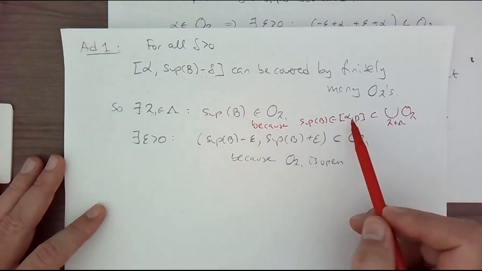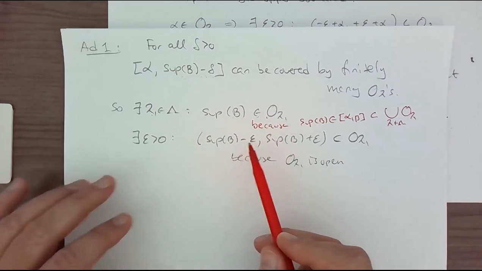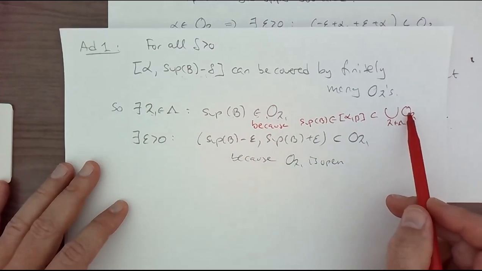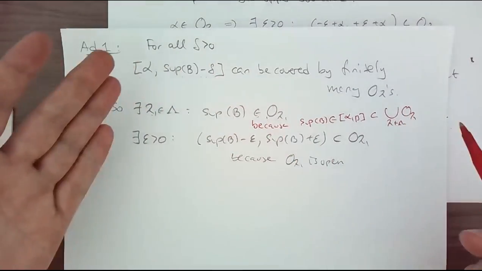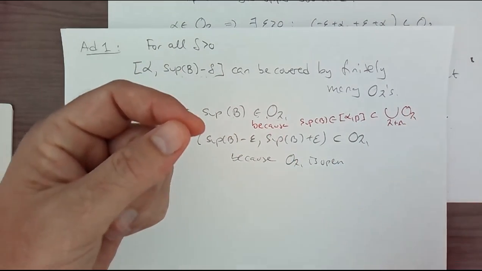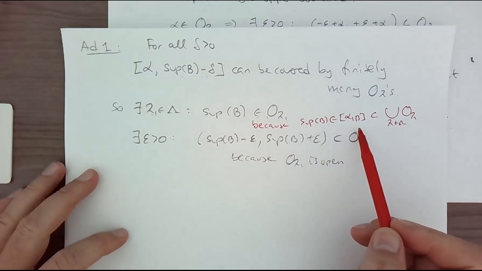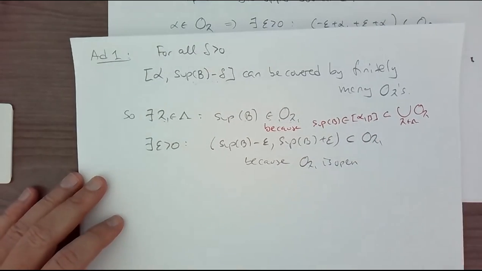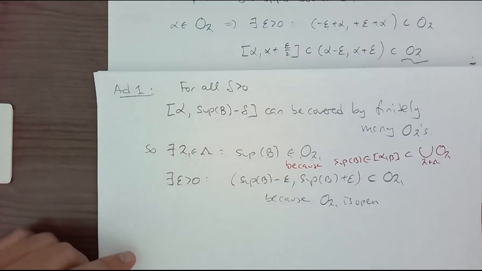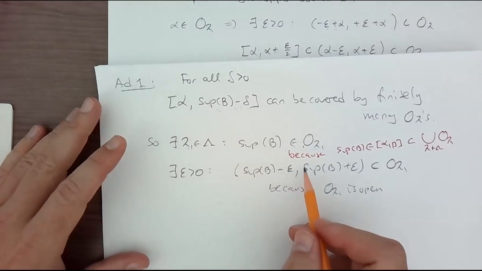So that gives you this one, and then you use that we have a collection of open sets. I have a point in an open set. I can put a little interval, a little ball around that point and stay inside it. But now we're in shape, right? Because I play the same game as before.